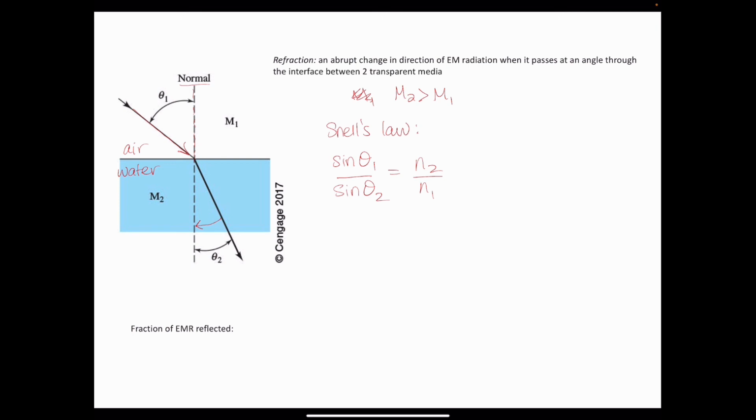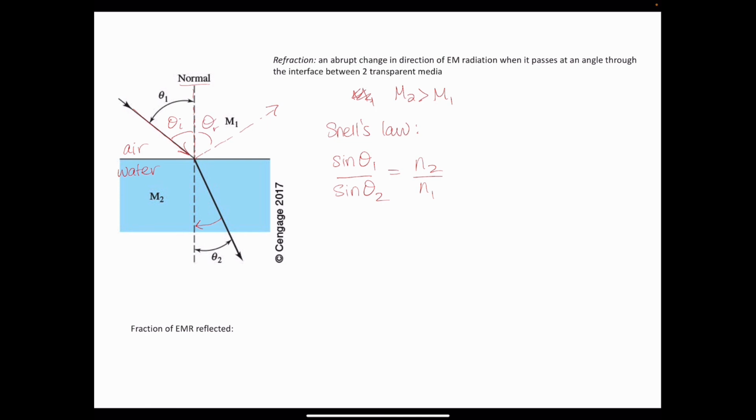Now, transmission occurs, but there's something else that always occurs when radiation crosses an interface between media with different refractive indices, and that's reflection. So at the same time, reflection of this beam of light is also occurring, and we know by the law of reflection that this incident angle here is equal to the reflective angle.